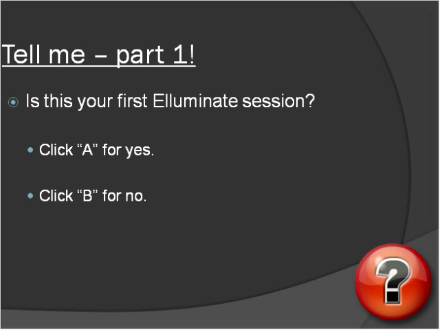So let's get ready to actually use our polling. Is this your first time in Illuminate? If it is, please find that blue capital letter A underneath the box of participants. Click that for me now. If you have been in Illuminate before, please find that blue capital letter B and click on that.